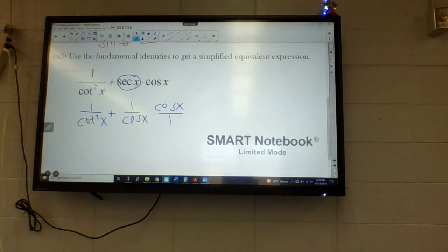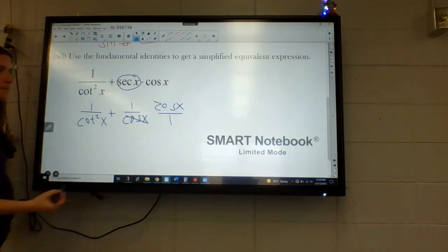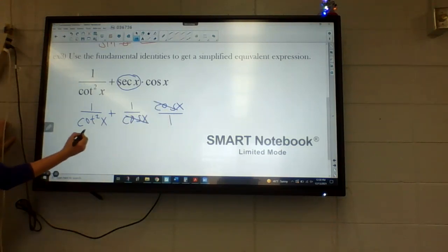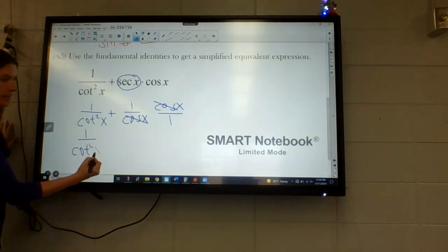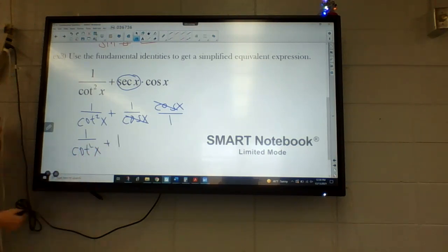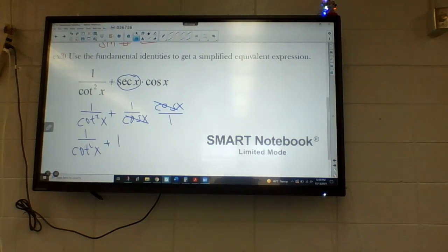They still became 1, right? Yeah. Okay. So these two cancel, right? So I have 1 over cotangent squared x plus 1. All right. Thoughts? What do you think?